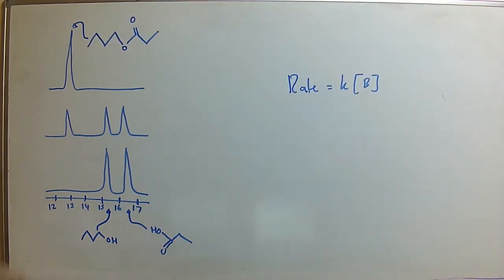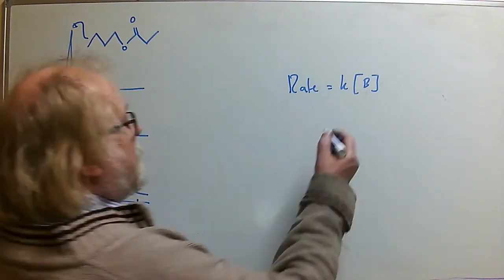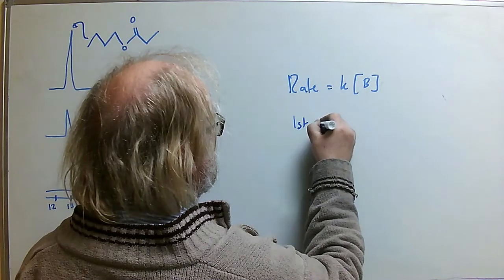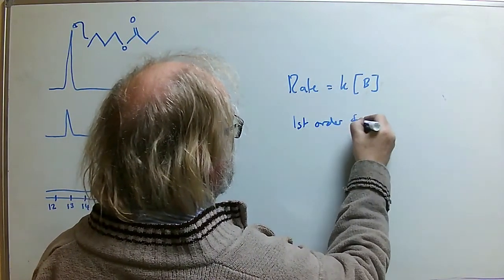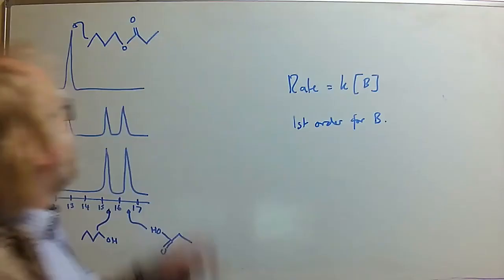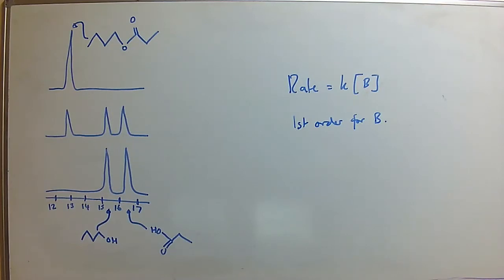It then gives you the rate equation, which is that. So it's first order with respect to compound B, which is this ester here. And it asks you, just using these data, to estimate the rate constant K in this rate equation.